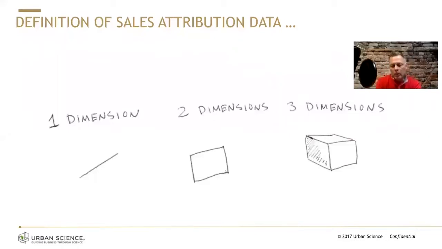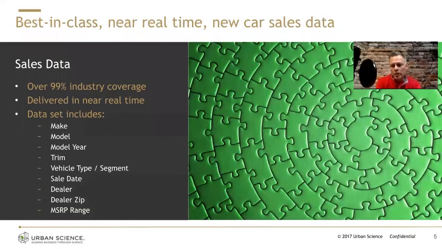But what we're going to talk about today is really that three-dimensional view where you can see exactly what's going on in your marketplace, not only against the competitors that sell the same kind of cars as you, but also the ones that sell different makes. So really getting an idea of what that loss looks like.